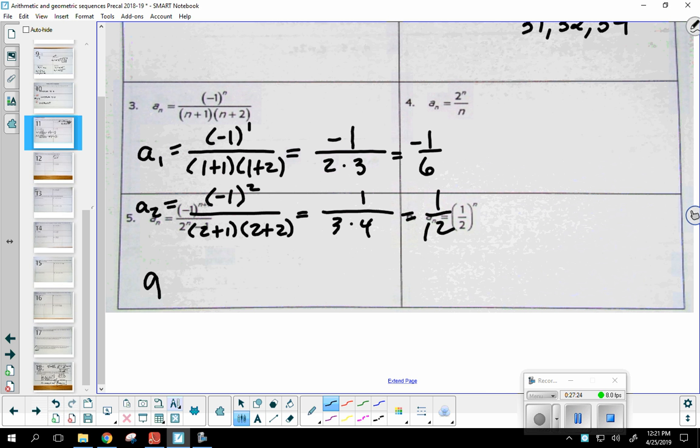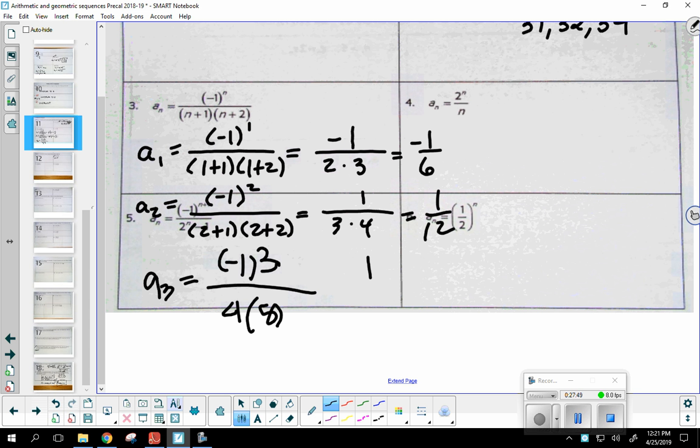Should be okay. A3. Well, with an odd power, we know it's definitely going to stay negative. Oh, cubed. There you go. So under that would be 3 plus 1. So that'd be 4 times what? 5.